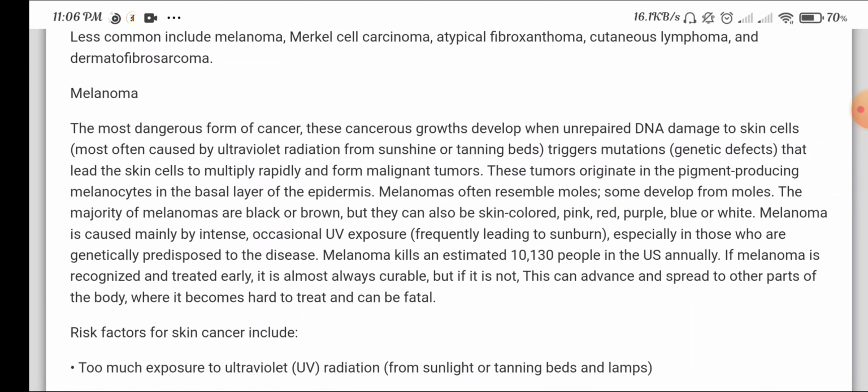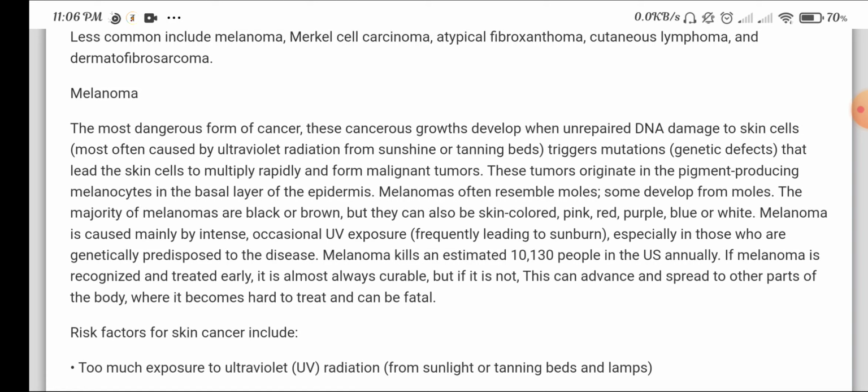Melanoma is the most dangerous form of skin cancer. This cancer develops when unrepaired DNA damage of skin cells, most often caused by ultraviolet radiation from sunshine to tanning beds, triggers mutations, genetic defects that lead the skin cells to multiply rapidly and form malignant tumors.